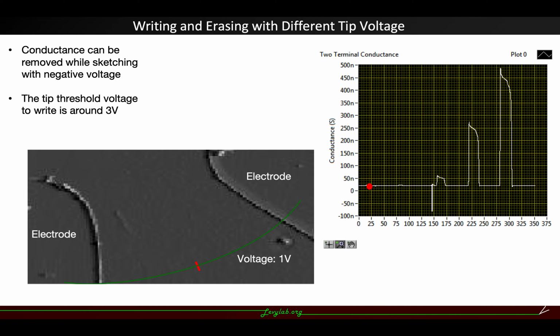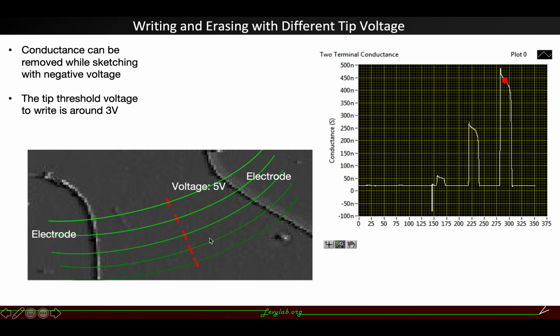And then we did repeated writing and erasing tests to investigate the writing voltage threshold for this membrane. As you can see here, when you write with 1 volt or 2 volts on the tip, the conductance barely changes. And when you write with 3 volts, you have a 15 nanosiemens conductance jump, and then the conductance jump increases monotonically with your writing voltage. So the writing voltage threshold for this sample is around 3 volts.